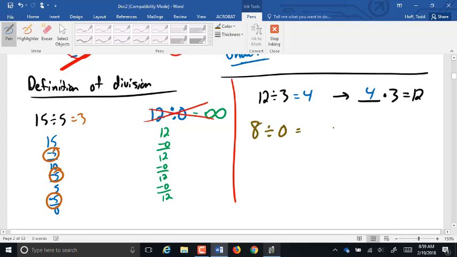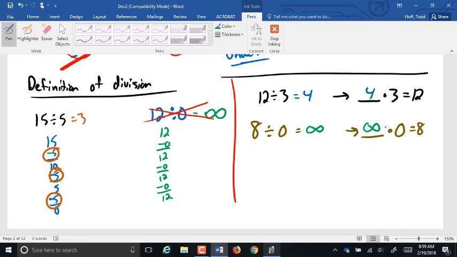Eight divided by 0 equals something would have to imply that blank times 0 equals 8. If I let something divided by 0 equal infinity, well, does infinity times 0 equal 8? No, it doesn't. Anything times 0 is 0, no matter how big.